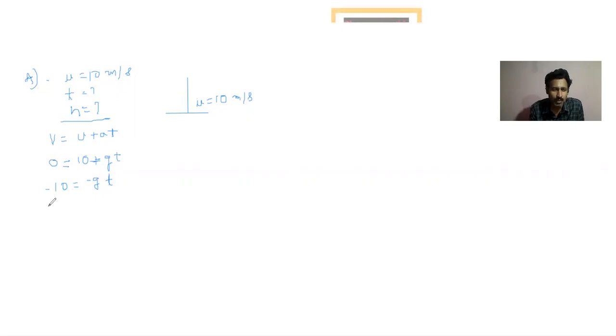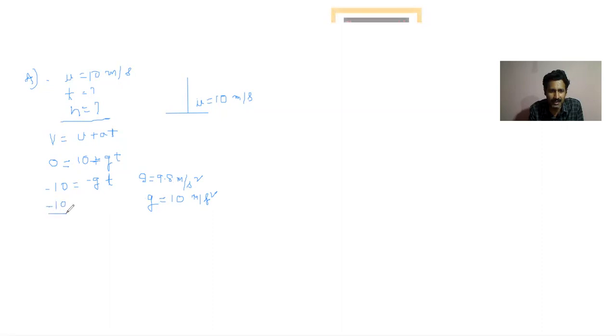We know that generally g equals 9.8 meters per second square. For easy calculation I took g as nearly 10 meters per second square.